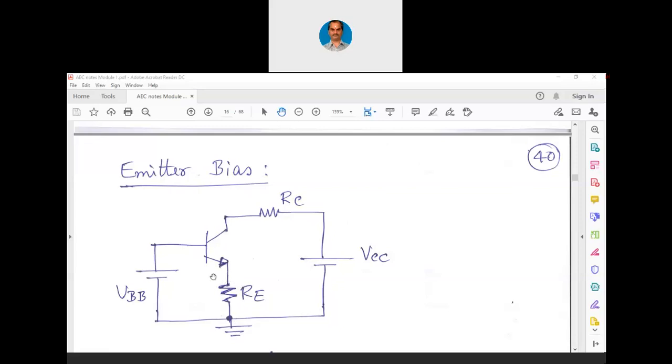Now let us see what happens just by adding one resistance at the emitter. In the earlier circuit, if at all the base current increases due to any reason, the transistor gradually will turn into saturation. For example, all the electronic devices are highly sensitive to temperature. Now we have two things to deal with. One thing is beta, one thing is temperature. If at all in the base bias circuit, the temperature increases, then the electrons will have more energy.